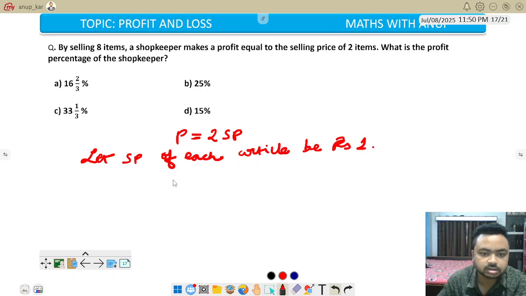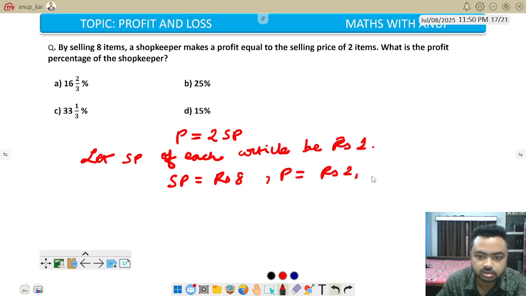So by selling 8 items, as he has sold 8 items and each costs rupees 1, SP will be equivalent to rupees 8, and my profit will be equivalent to rupees 2.